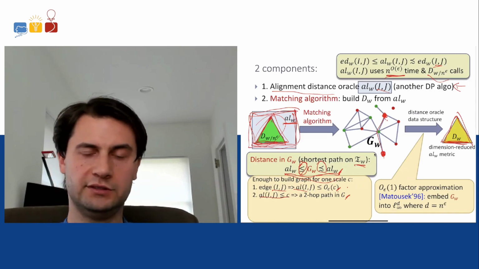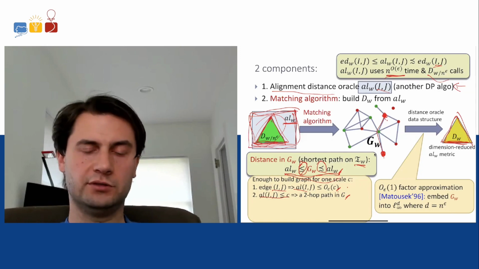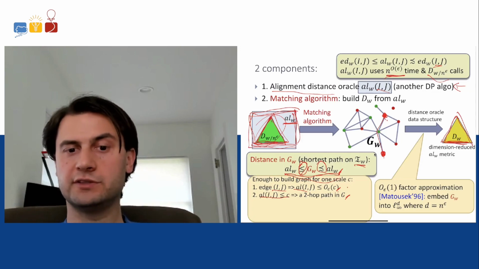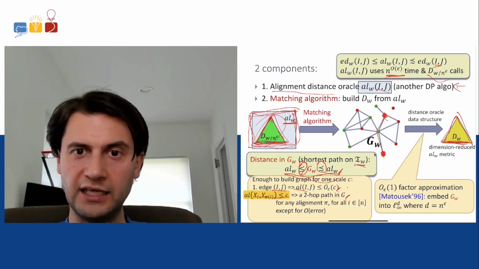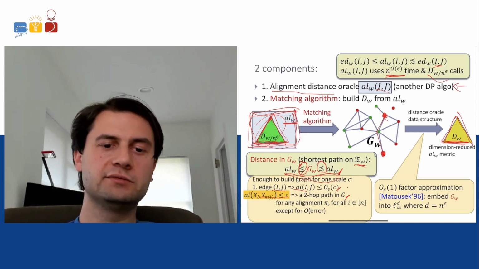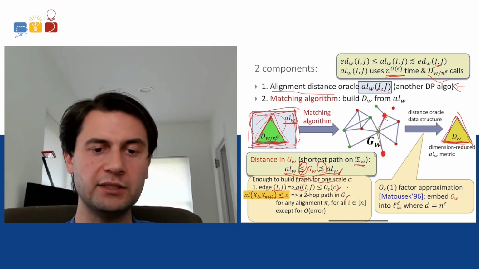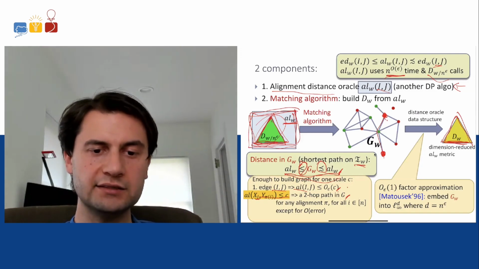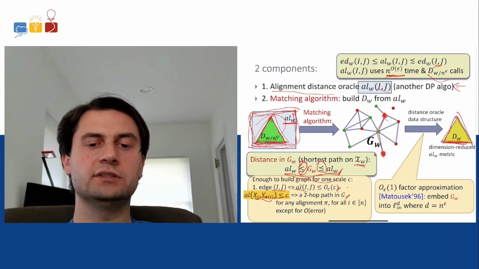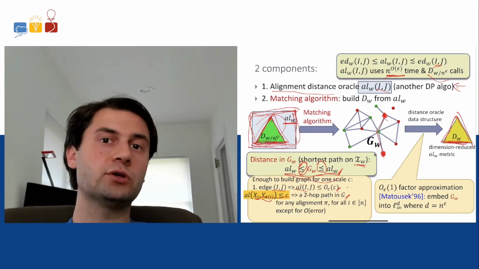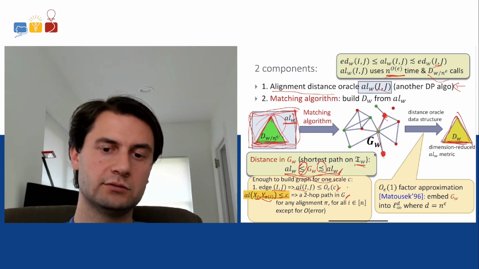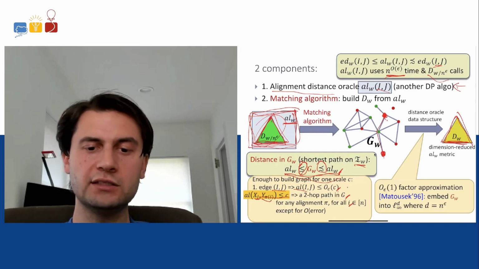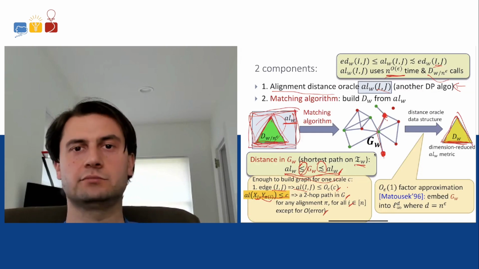Now we can't do this. This is exactly the same issue I mentioned before: the alignment distance metric just has too much information, and you cannot capture it with a sparse graph. So we have a relaxed guarantee, which is just enough: the alignment distance between every x_i and its match y_f(i) is at most c when we have a two-hop path, and this holds for any alignment pi, including the optimal one, for all positions i, except for those i's proportional to the error amount.